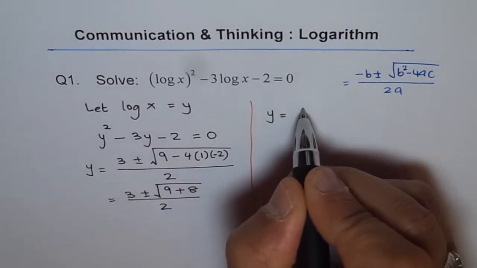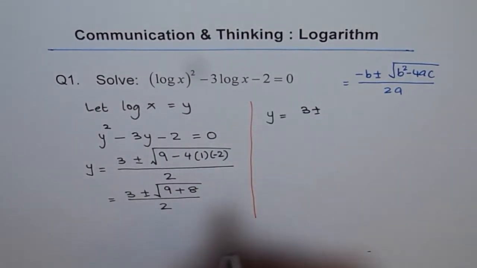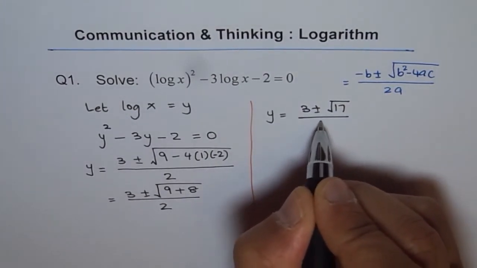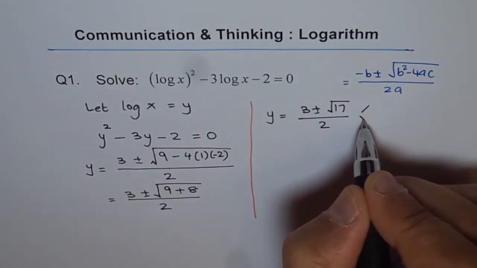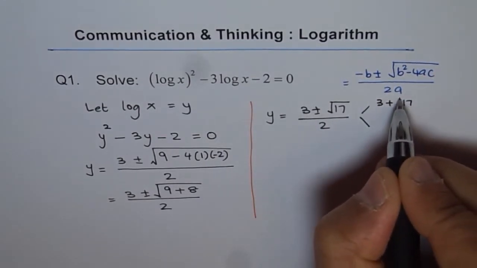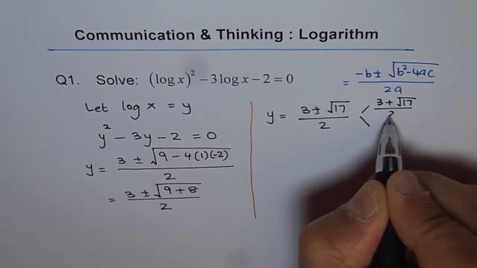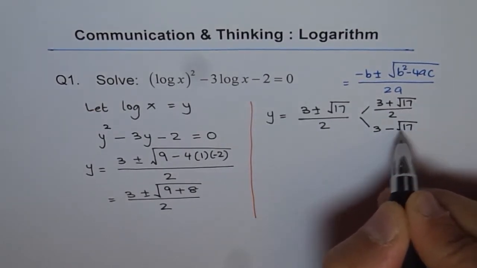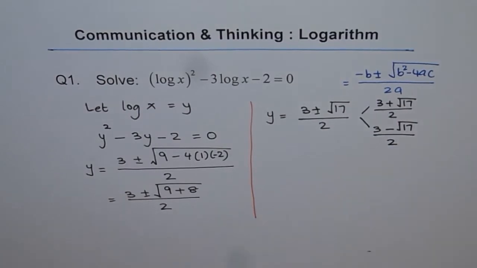So y equals to 3 plus and minus square root of 17 over 2. So that is two possible solutions. One is 3 plus square root of 17 over 2, and the other one is 3 minus square root of 17 over 2. So let's calculate this.